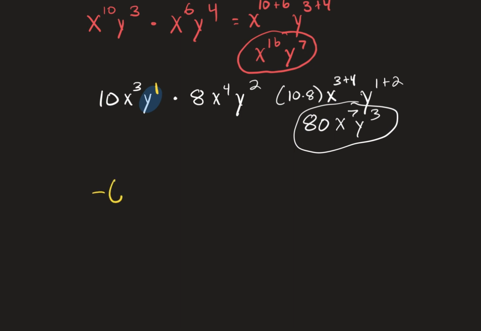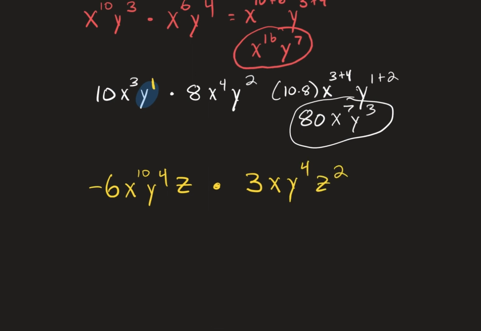Okay, so let's look at negative 6 x to the 10th, y to the 4th, z, times 3 x, y to the 4th, z squared.